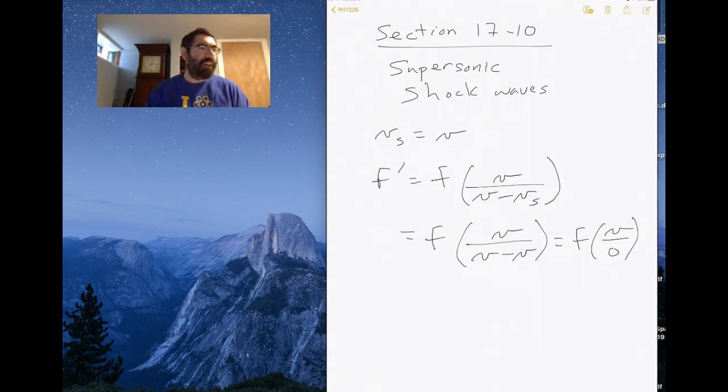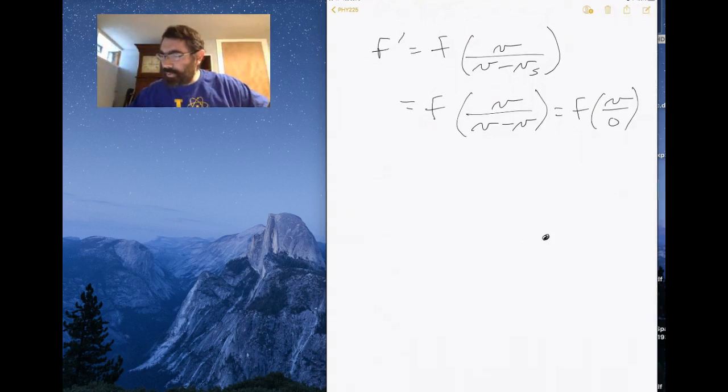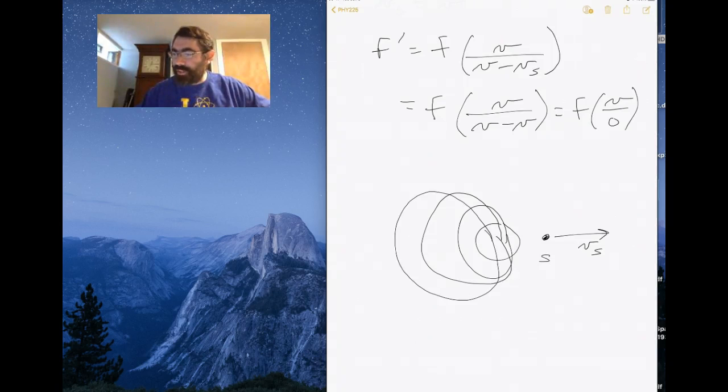So we can actually calculate what's called this Mach cone, where here's the source, which is now moving with a speed faster than the speed of sound. And it's now left behind it this trail of circles, which is going to be very, very hard for me to draw. So I would recommend looking in the textbook.